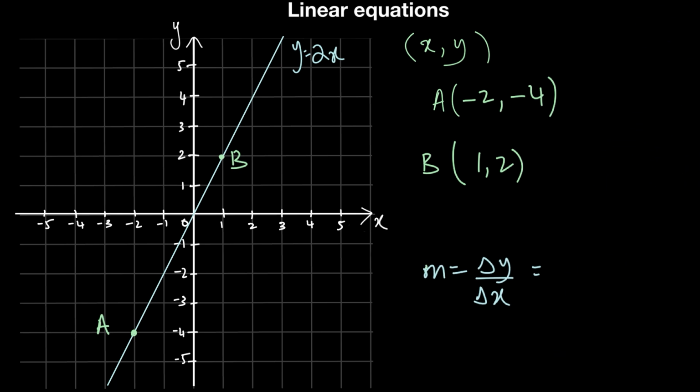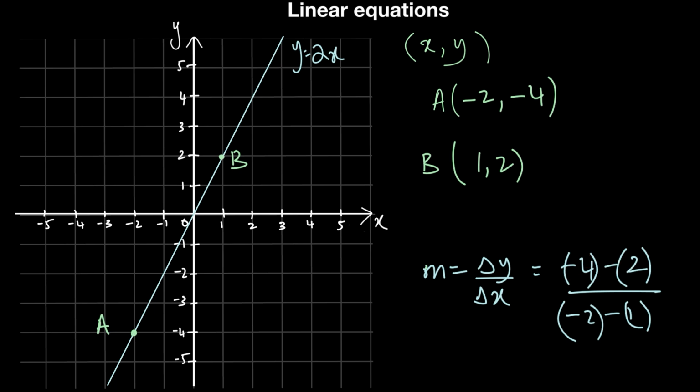we take the difference between the end point and the starting point. So we end at -4 for y, but we start at +2. So the change in y is -4 minus 2. Whereas the change in x is -2 minus 1.